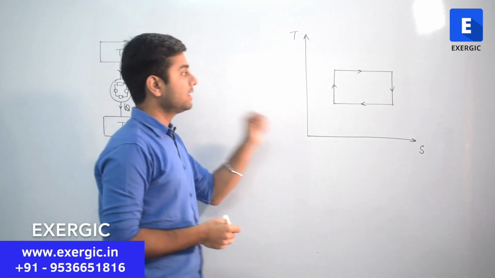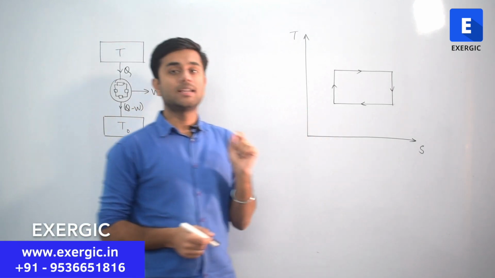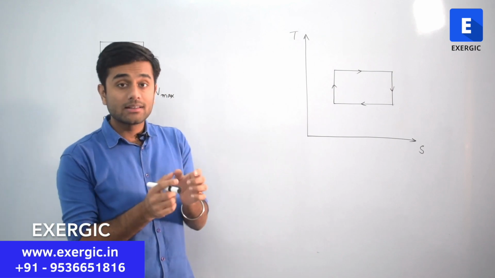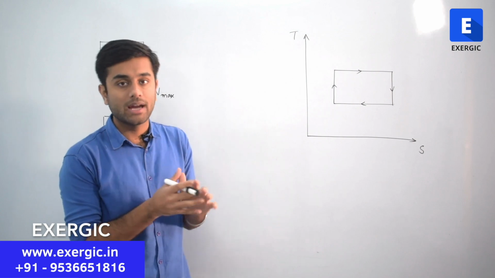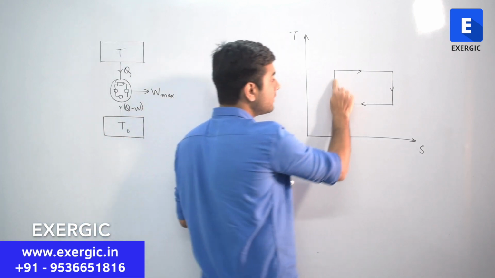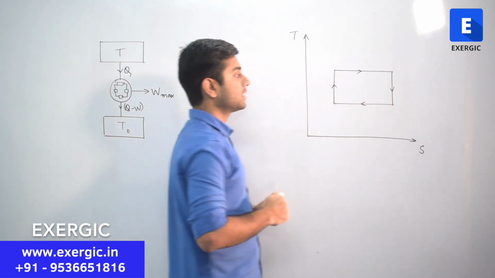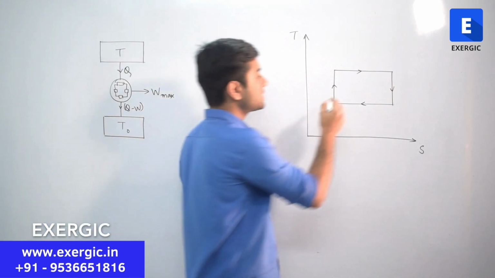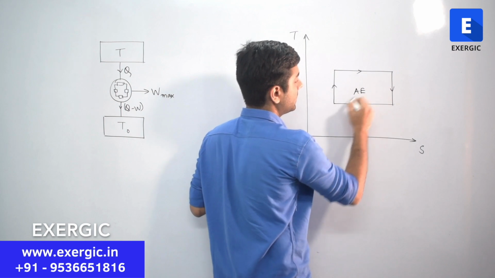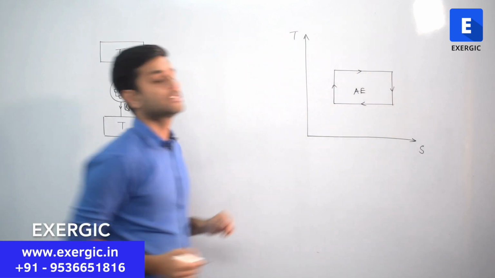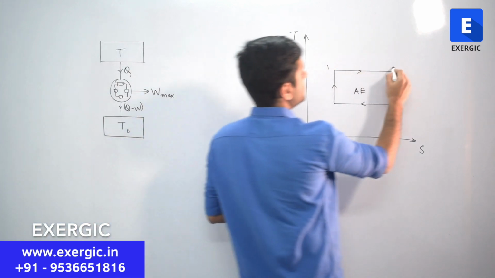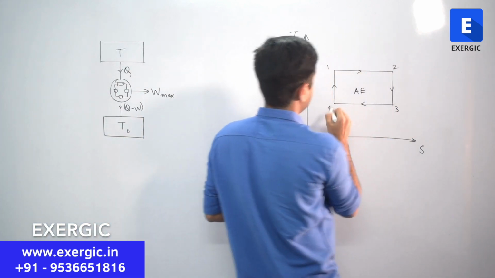We have a cycle, whether it is TS or whether it is PV, we know that the net heat interaction and the net work interaction are same, and they are shown by the area which is enclosed by the closed curve. Correct? Hence in TS diagram, this area is showing the available energy, this area enclosed by this rectangle. Correct? Let me name also these processes 1, 2, 3 and 4.